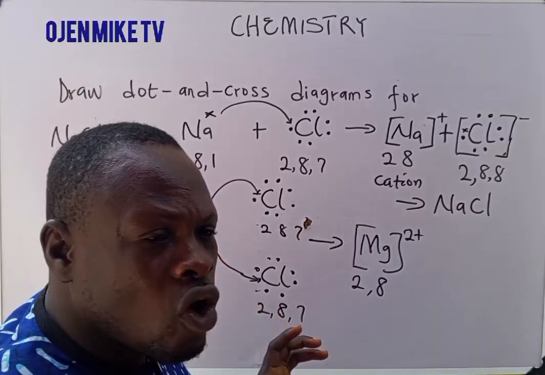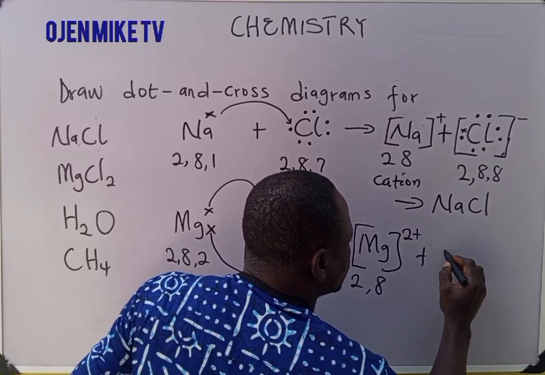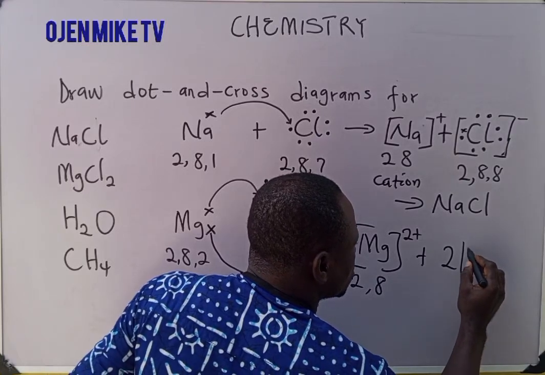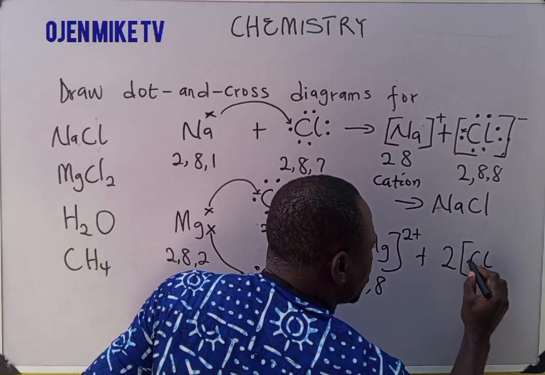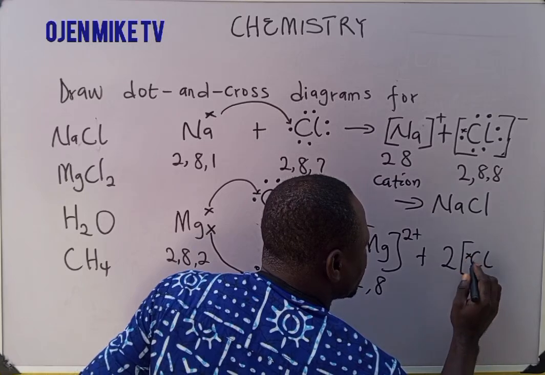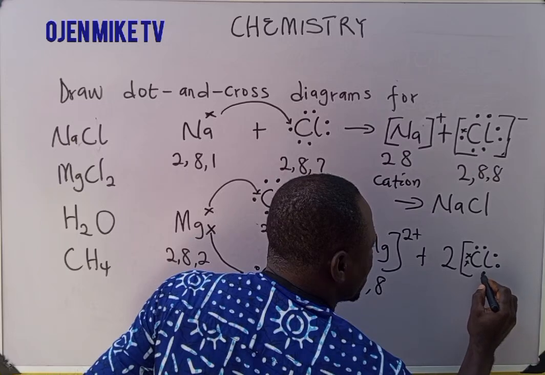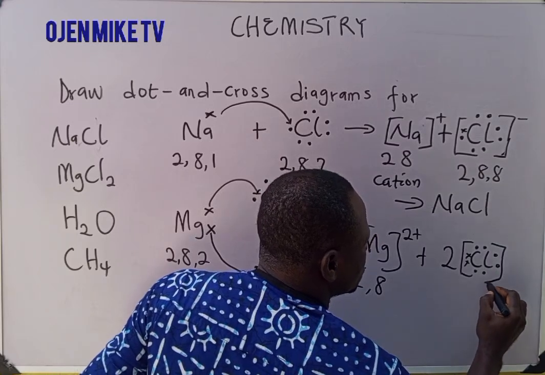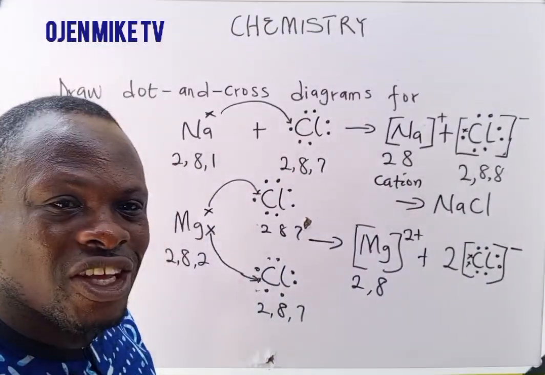On the other hand, chlorine will now have, in brackets, Cl with 1, 2, 3, 4, 5, 6, 7, 8, and a minus. You get that?